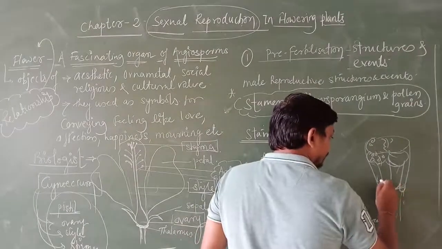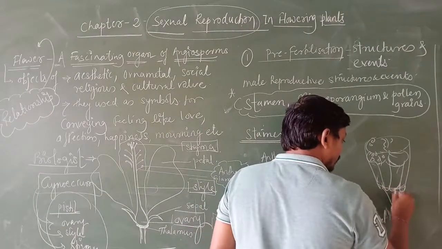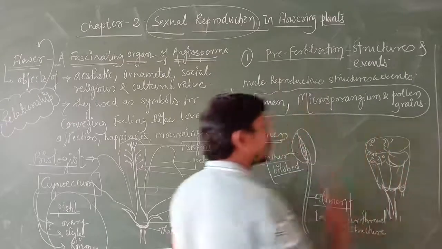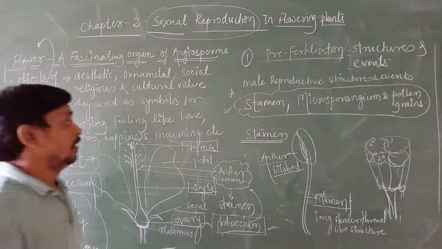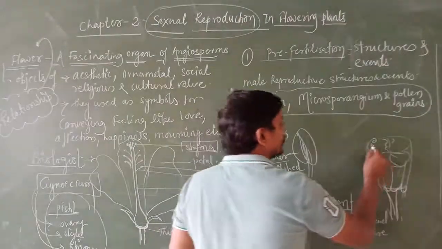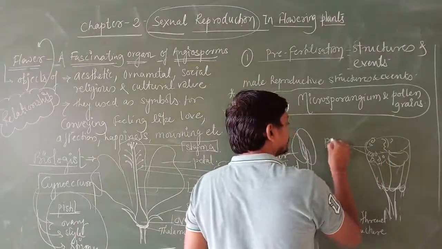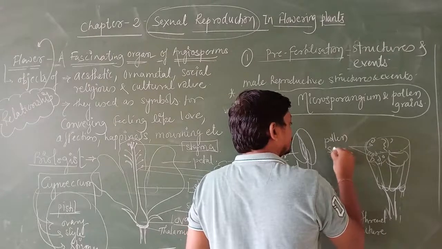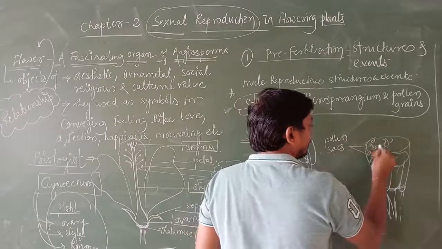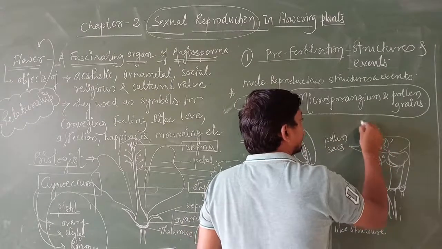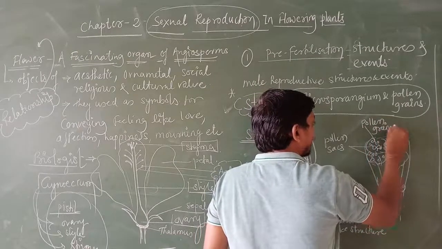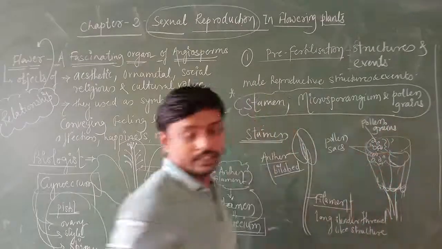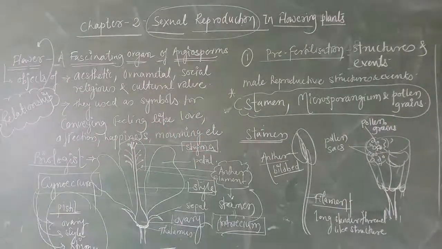When I take a section of the anther, these four are the pollen sacs, and in them we are going to get the pollen grains.